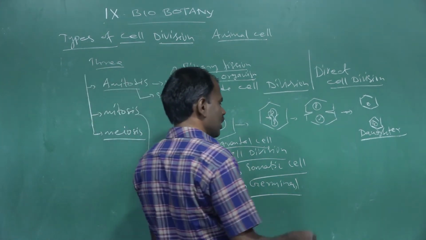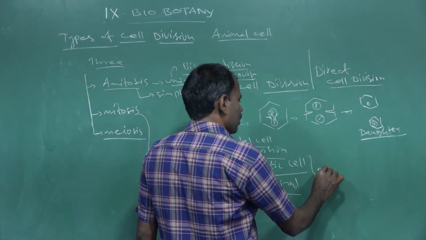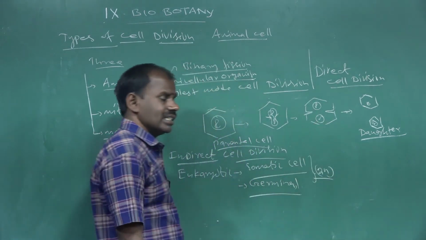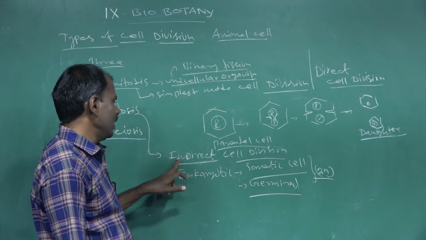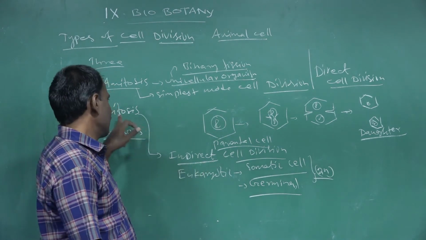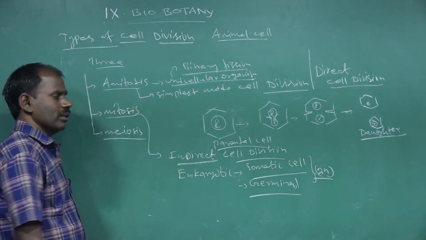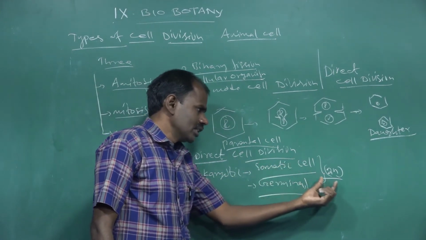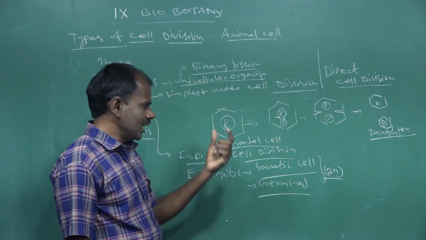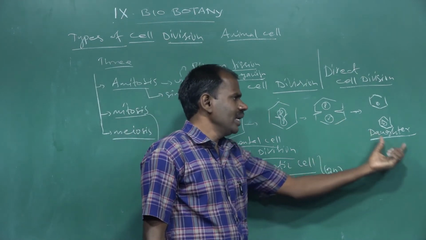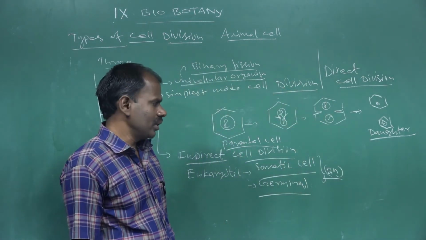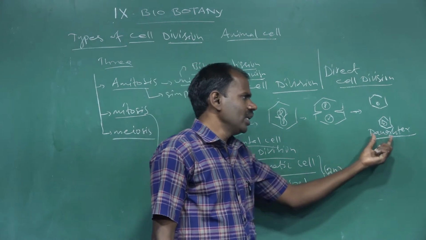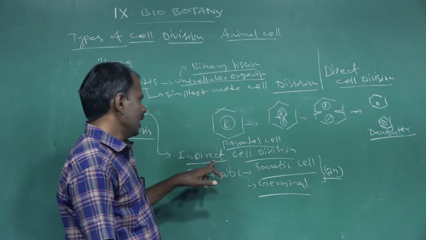These somatic cells and germinal cells have a diploid number of chromosomes. There is no reduction division in mitotic cell divisions. The somatic cells and germinal cells are present in diploid condition. The same diploid number of chromosomes is formed in the two daughter cells.